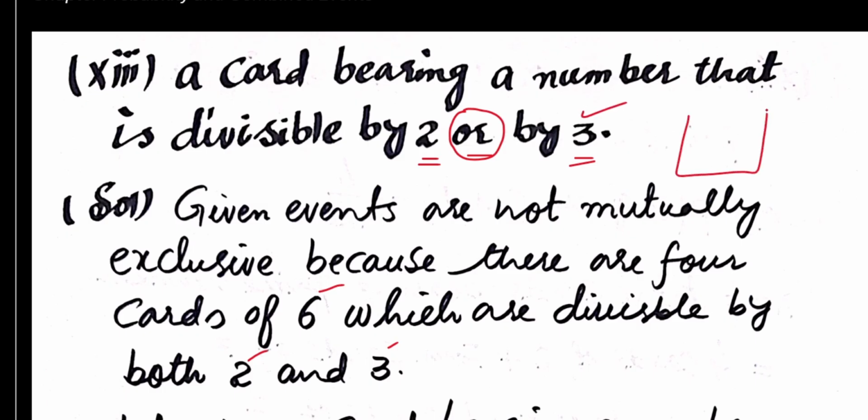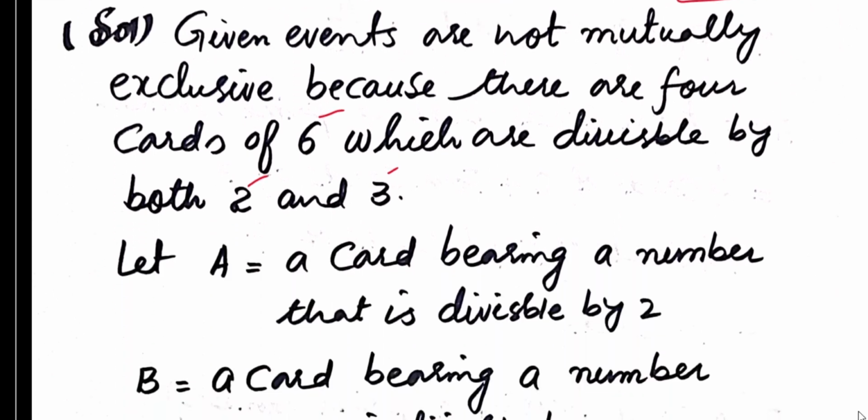In the well shuffled pack of playing cards, there is a card of 6. As 6 is divisible by 2 and 3 both, it means their intersection is possible. And in total, there are 4 cards of 6: one card of spade, one card of club, one card of heart, and one card of diamond. So there are total 4 cards. It means their intersection is possible.